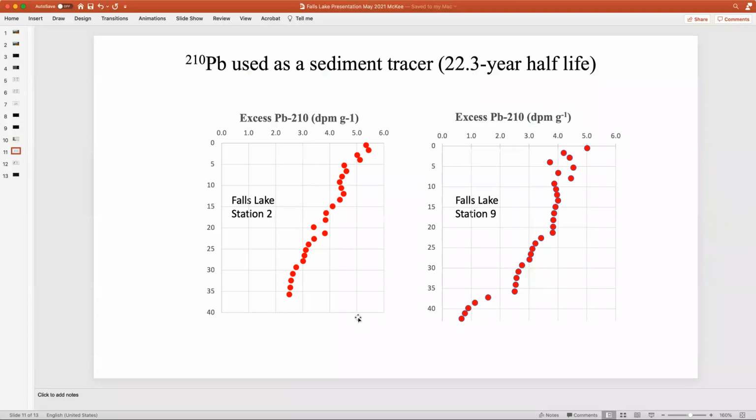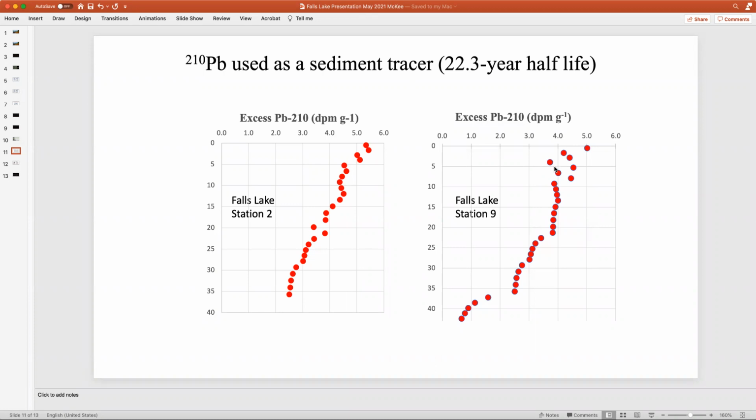So we use lead-210 to establish our geochronologies, and it's a naturally occurring radioisotope that is supplied from the atmosphere. It has a 22-year half-life, and you can see from station 2 and station 9, there's a gradual decrease of excess lead-210 with depth, which indicates both burial and decay. So we have a time frame.